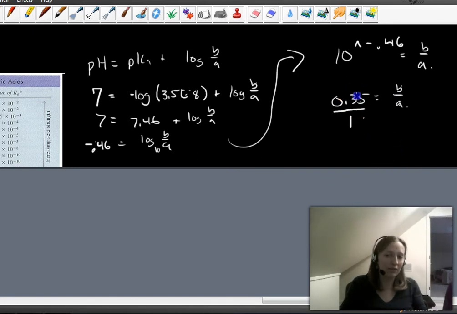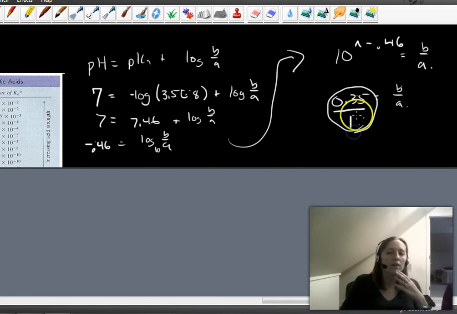So you could do 0.7 and 2. You could do 3.5 and 10. You could do 35 and 100. I don't really care. Although 35 and 100 is maybe too many moles to fit into a liter. But this is pretty reasonable. Now, this has got more acid than base, which means that this buffering system is going to be able to handle more insults from bases than it will from acids.